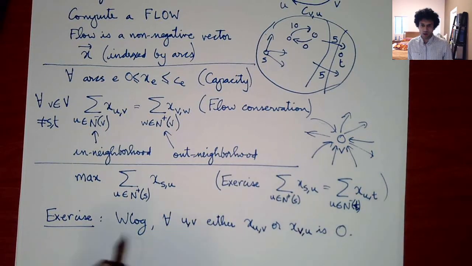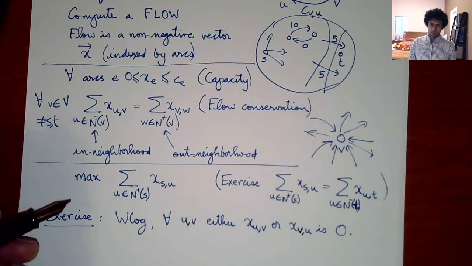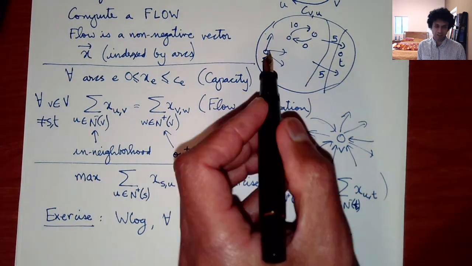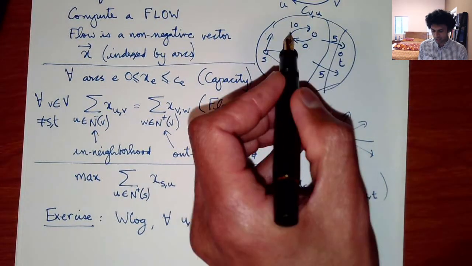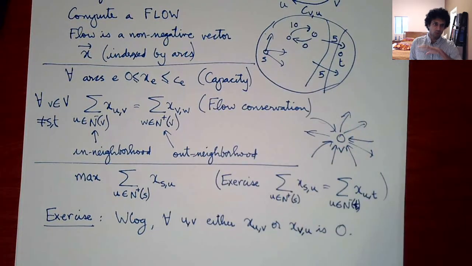And I say without loss of generality, meaning that in a maximum solution, you can assume that one of these is going to be 0. Because you're trying to send from S to T. There's no point in sending some stuff from here and then sending some stuff back. You could just remove all of that from the system.